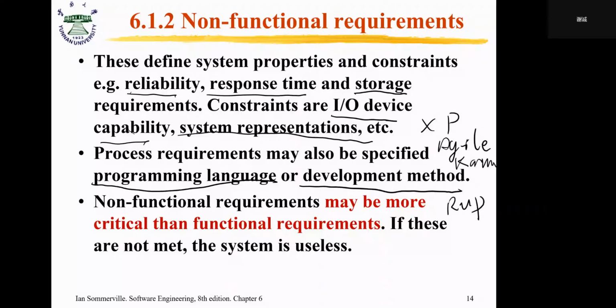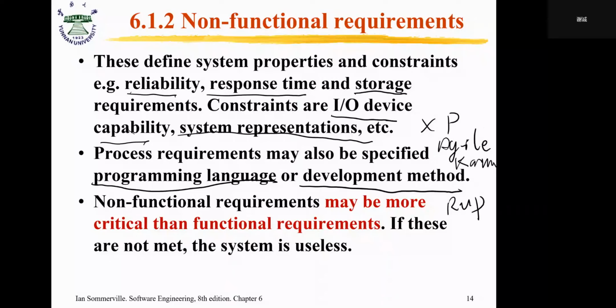Non-functional requirements may be more critical than functional requirements. If a non-functional requirement is not met, the system is useless. Like our university selection system, a non-functional requirement is that it should support 50,000 students online using it.